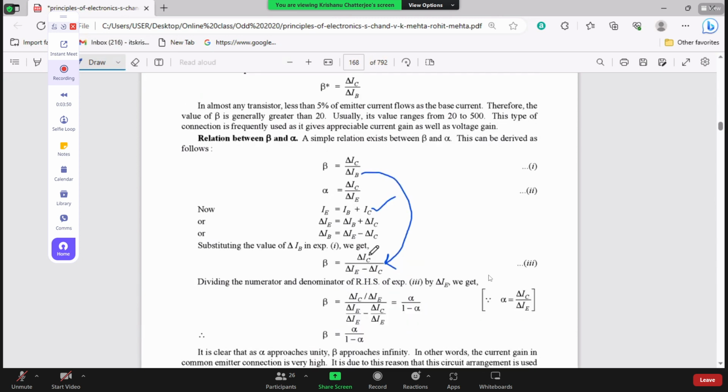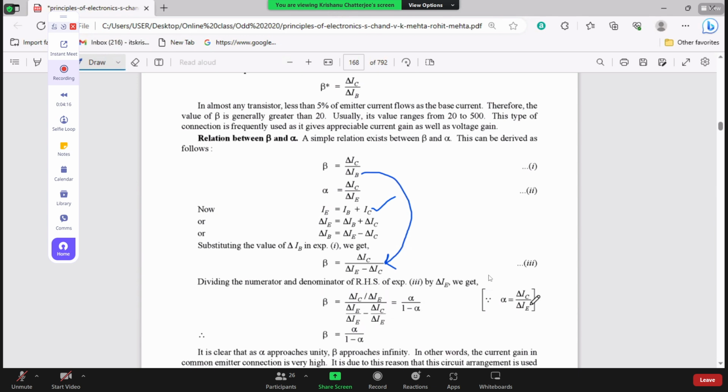Now we divide the numerator and the denominator by delta IE. If we do so, the numerator is delta IC by delta IE, and the denominator has two terms. The first term is delta IE by delta IE, and the second term is delta IC by delta IE.